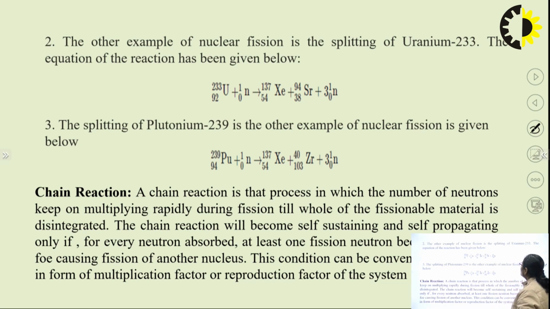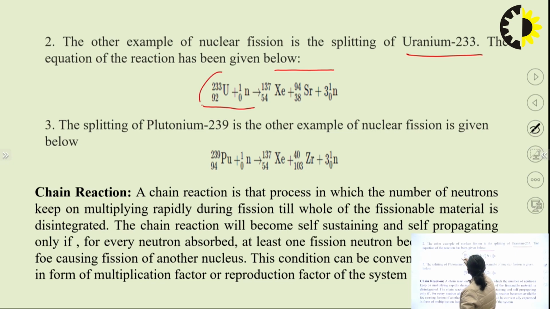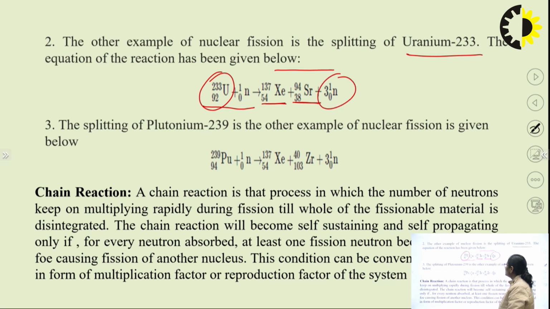The other example of nuclear fission is the splitting of uranium-233. The equation of the reaction is given below. Uranium-233, bombarded by a neutron, is the parent nucleus, and it results in the daughter nuclei Xe and Sr, and the process releases 3 neutrons.